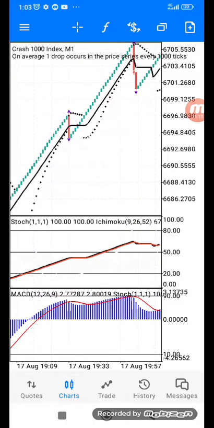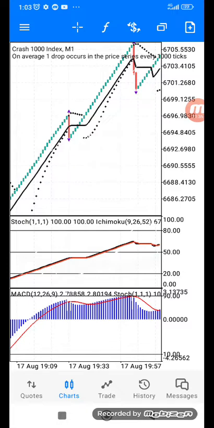The system is very, very accurate. Just follow the procedures. Ensure you establish your overbought or oversold region. That's the first step. Once you have established it, you move on to your main chart to establish the trend using the Parabolic SAR.